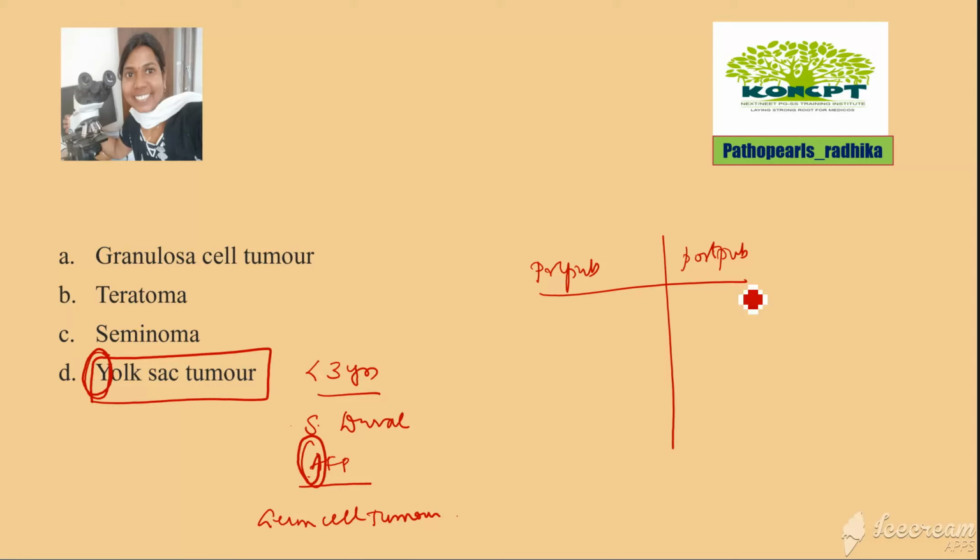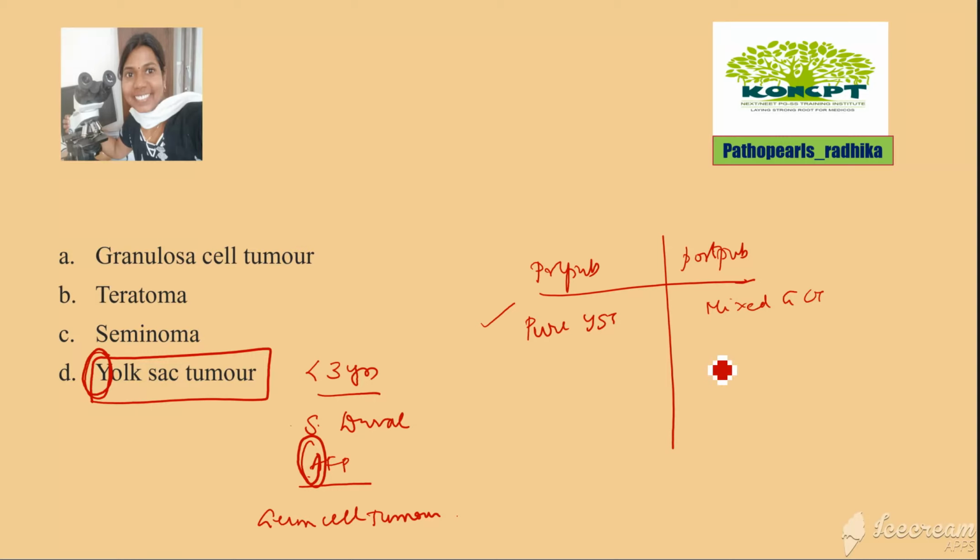If it's post-pubertal, it occurs in a little older age group. In pre-pubertal age, it could be a pure yolk sac tumor, that is, only yolk sac component will be present. Whereas if it's post-pubertal, it can be part of a mixed germ cell tumor, so your yolk sac tumor can be coexistent with other tumors like embryonal carcinoma.